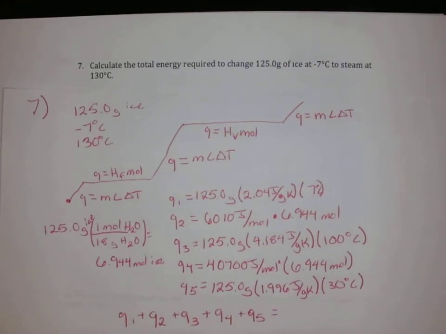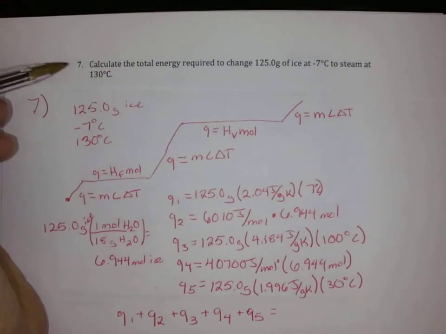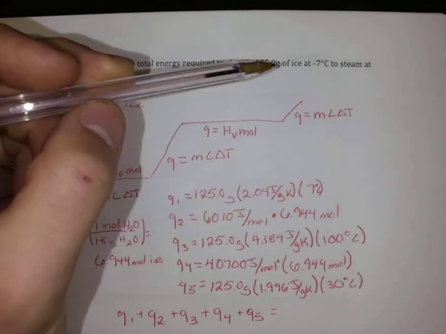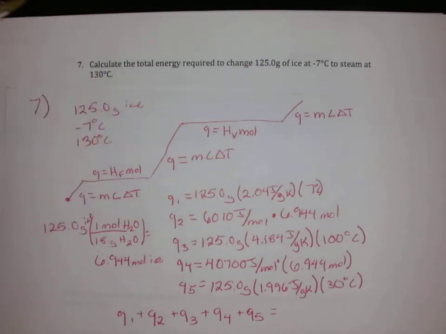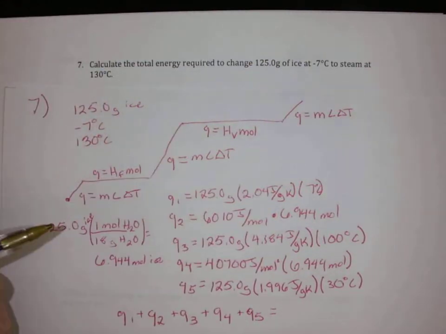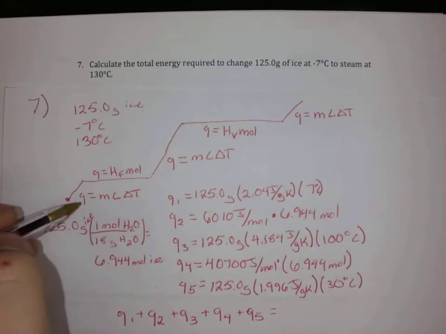It seems like a big task, but not so bad, hopefully. For these questions, when we have something melting and changing temperature both, we're changing phases and we're changing temperature, we have to account for that with our graph. We say, okay, we're going up here, we can use that equation.